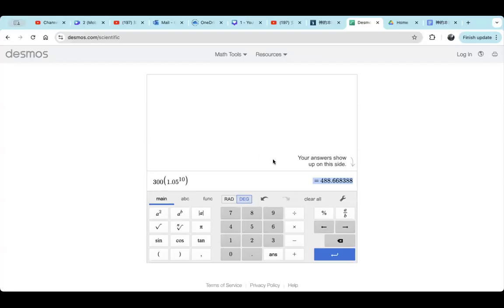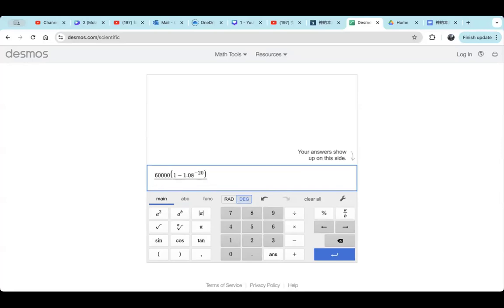So 1.08 raised to negative 20, subtract it from 1, then multiply by 60,000 and divide by 0.08.